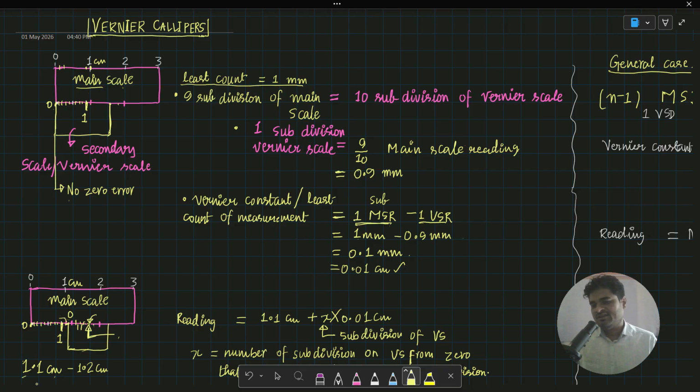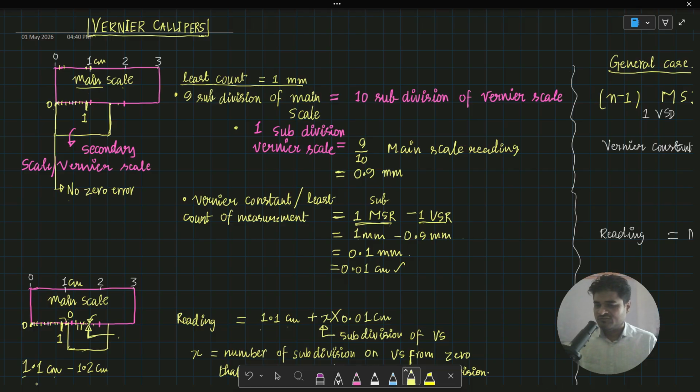And how do we do that? Let's see how dimension is read. From this we know that the main scale reading is 1.1 centimeter, and we want to measure the distance between 1.1 and the 0 of Vernier calipers.